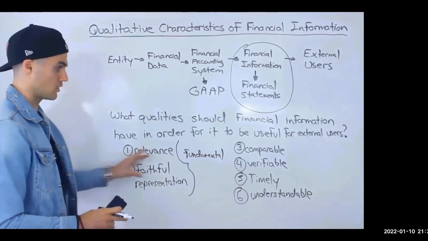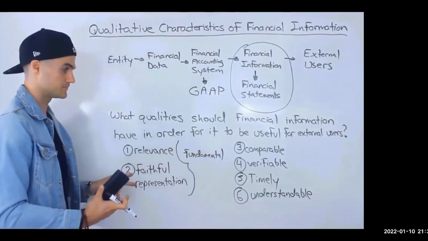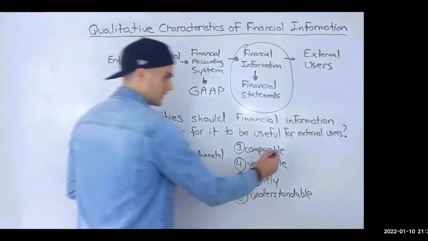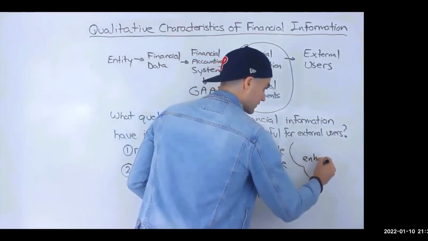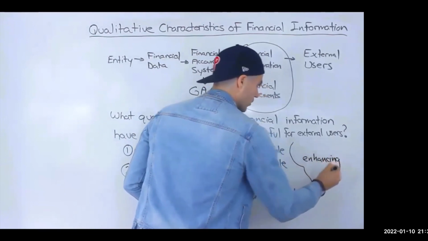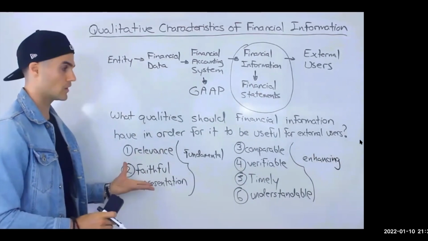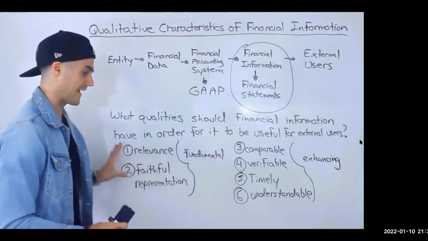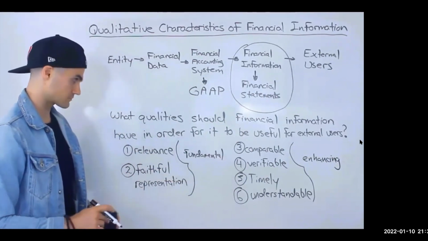So these 2 are called the fundamental qualities, so they're pretty much the most important. And then these 4 here are called the enhancing qualities. So the fundamental ones are the foundational qualities, and these 4 enhance them. That's the first thing I want to mention.